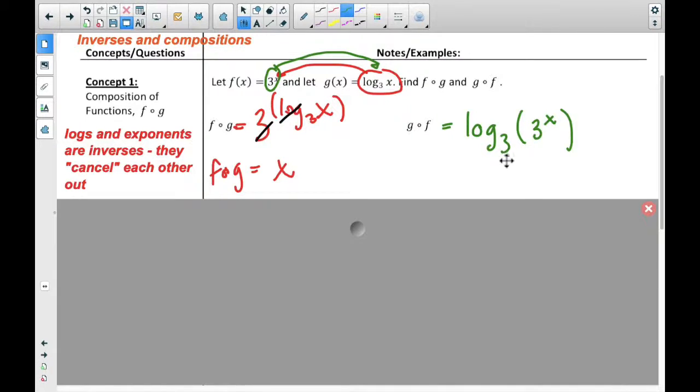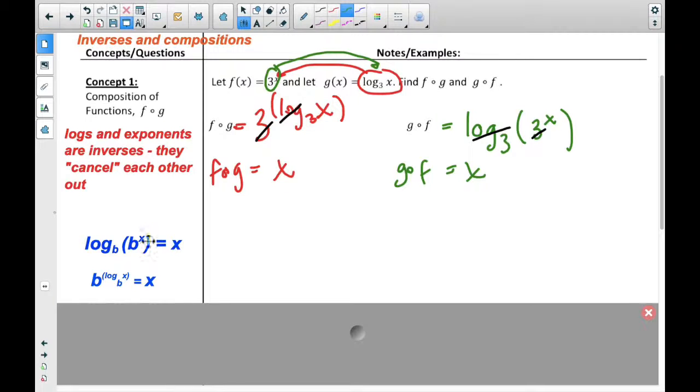Well, the log base 3 and the 3 to the power of something cancel each other out. And so our final answer is g of f of x is equal to x. So logs and exponentials cancel each other out, and we're left with just the x.